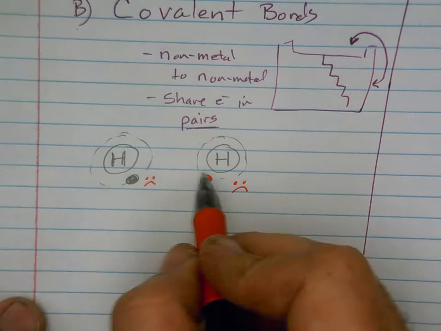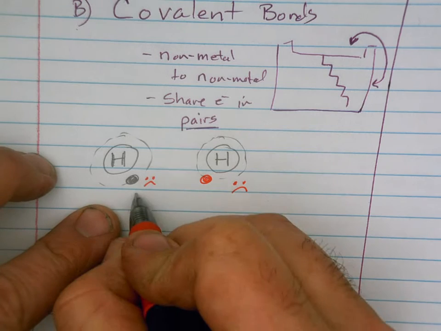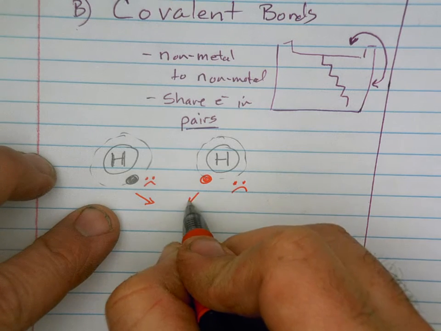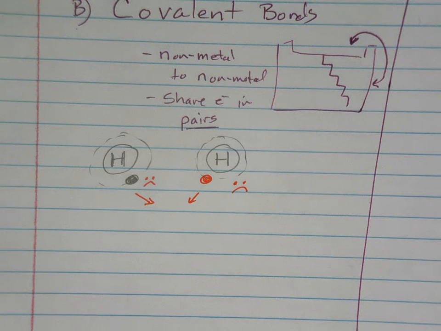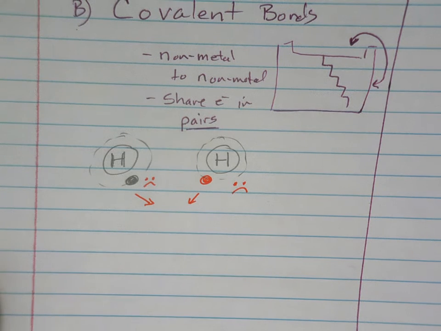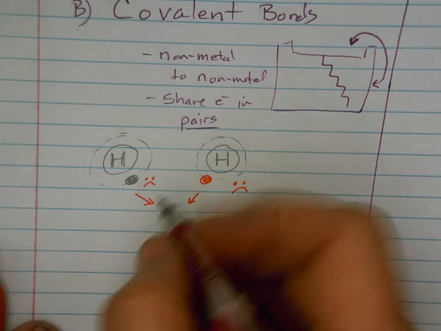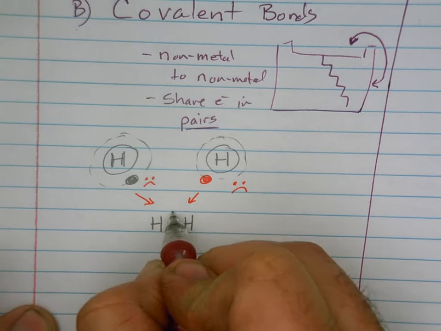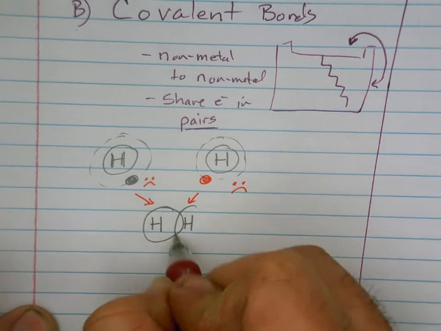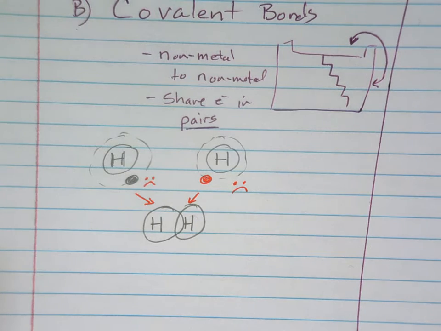So what hydrogens do, if they come together with each other, they can bond together, and they can look like they're sort of like a helium. They think they'll be a noble gas. So we're going to draw these coming over here, and we'll have their orbitals kind of overlap a little bit.